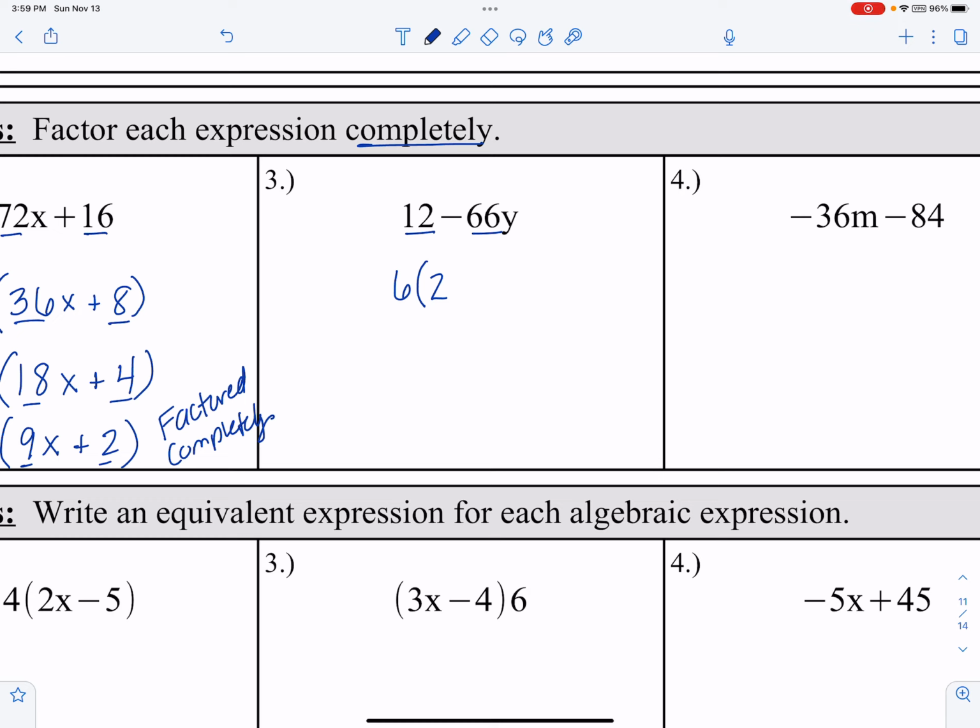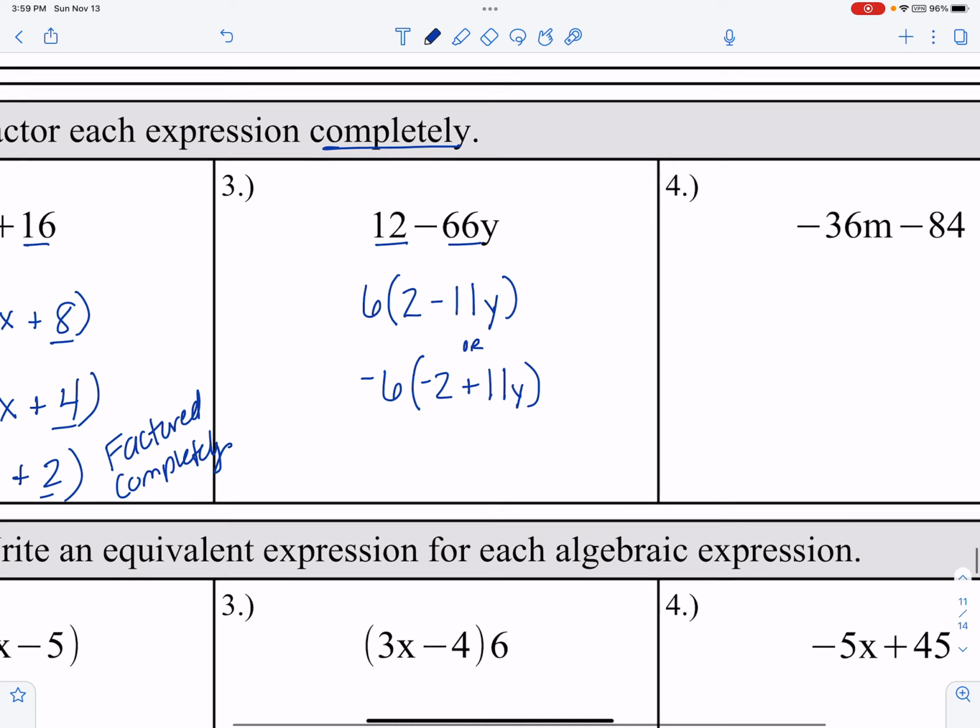Okay, and then our 6 times 11y is going to equal the 66, or in this case, negative 66. Okay, so that is correct. If I wanted to, I could pull out a negative 6. I would just have to have a negative 2 plus 11y here.